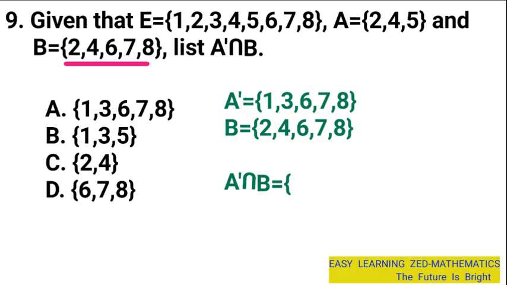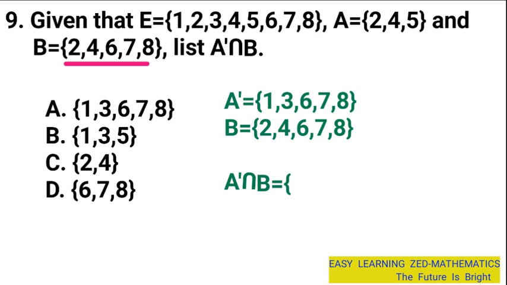But when you look at 6, 7, 8, they are all found in both sets. Therefore 6, 7, 8 make the A complement intersection B set.